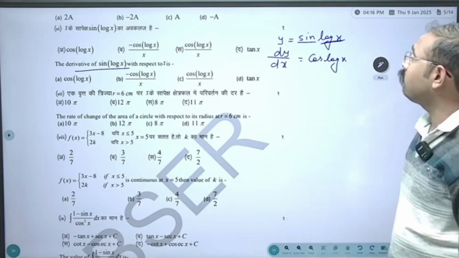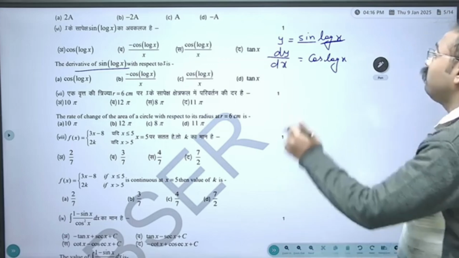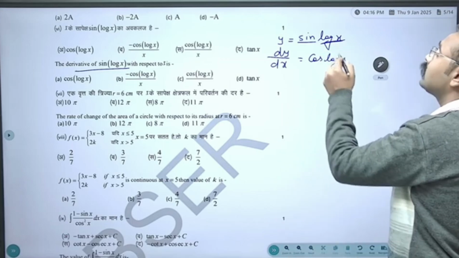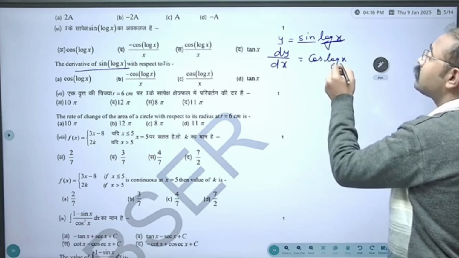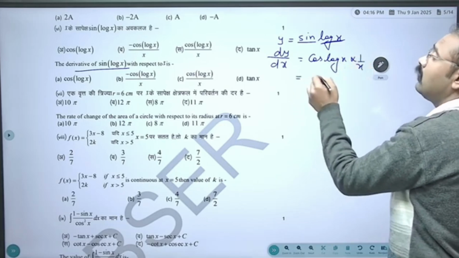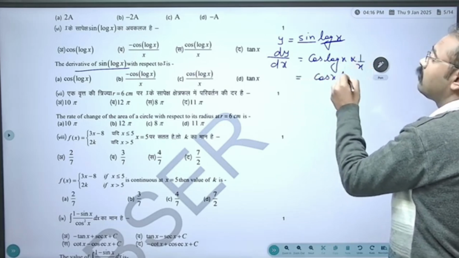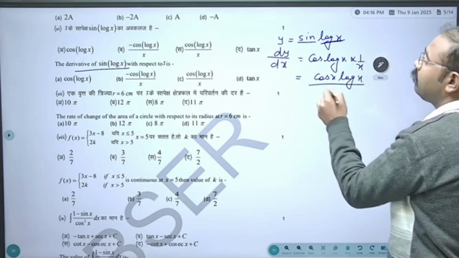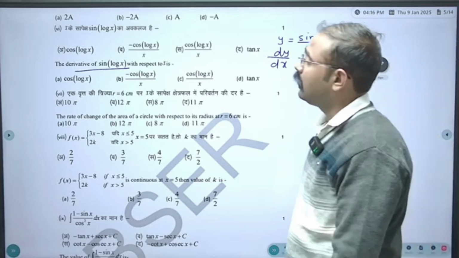Here at the place of x we don't have x, so we have to find derivative of this log x also, and derivative of log x will be 1 upon x. So our answer will be cos log x upon x. This is our correct answer.